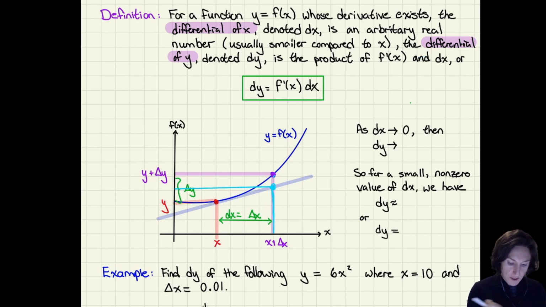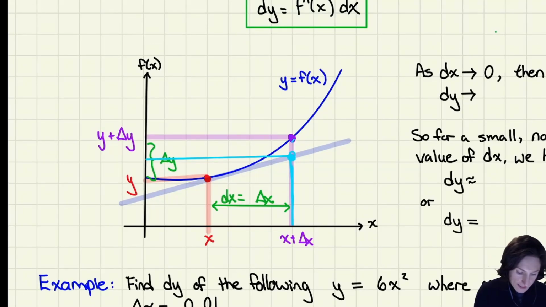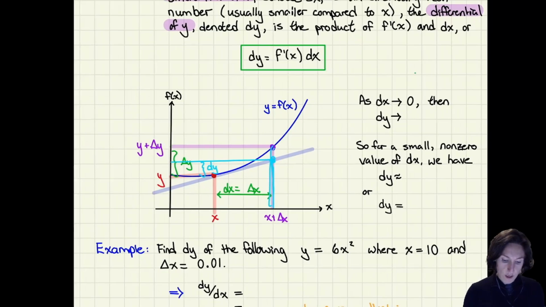And so what we do for these differentials is this space here, the space between this blue line and the corresponding red line, how this purple point corresponds to this red point here, this value is the thing that we're calling dy. So what is the punchline of this picture?